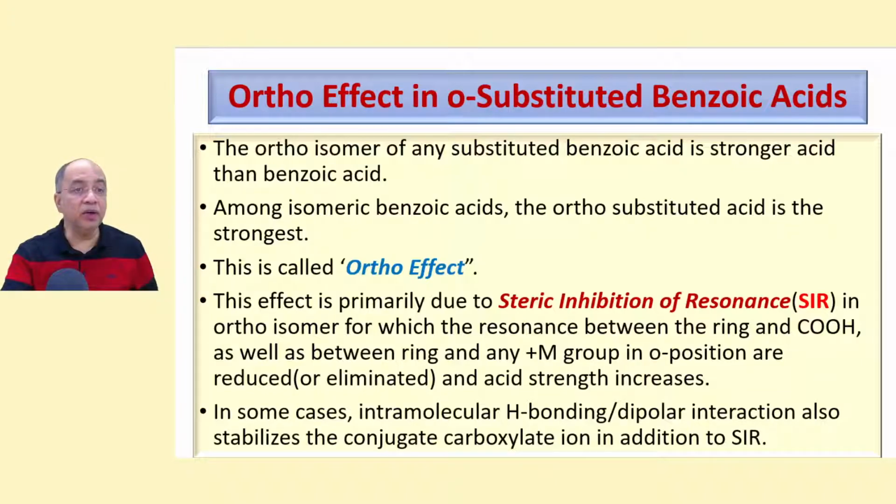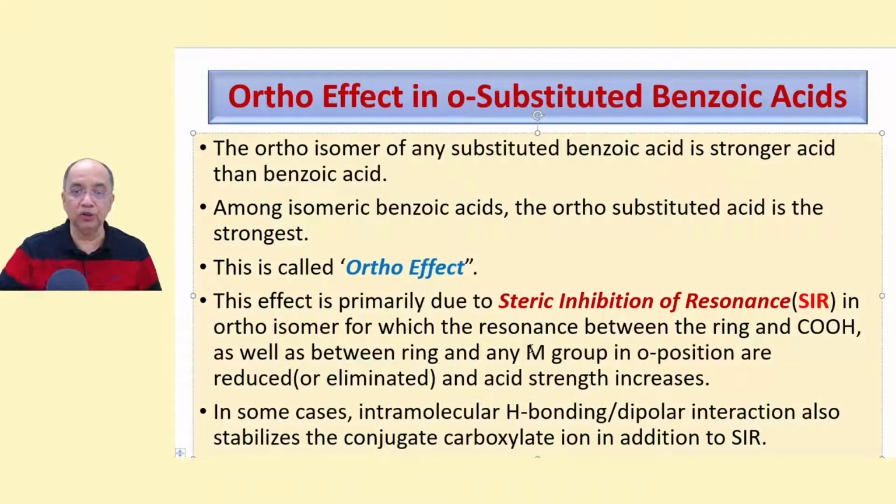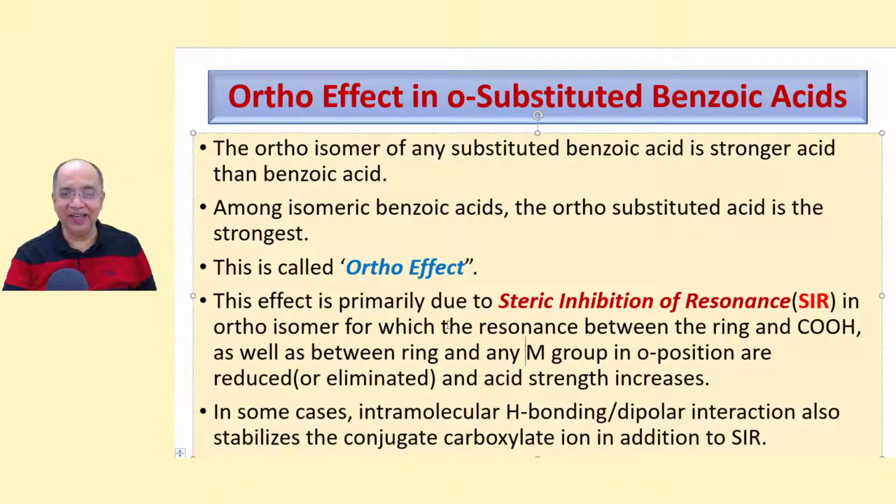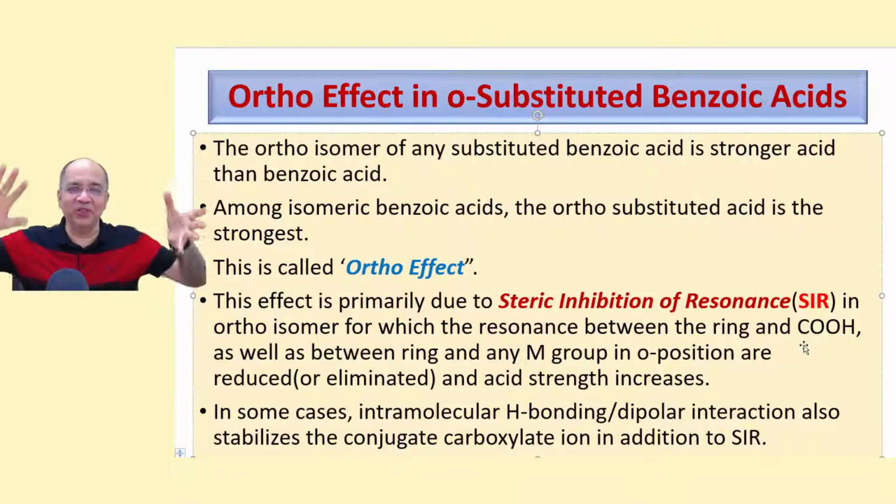Let us not only restrict to plus M, but write M group in the ortho position. So the resonance between the ring and the carboxylic acid, the cross conjugation, will be greatly lowered because it will go out of plane.